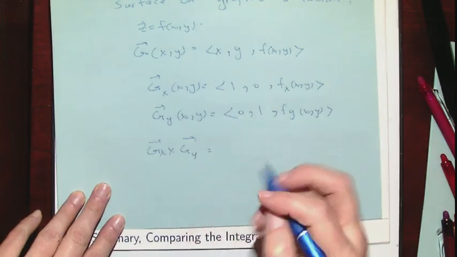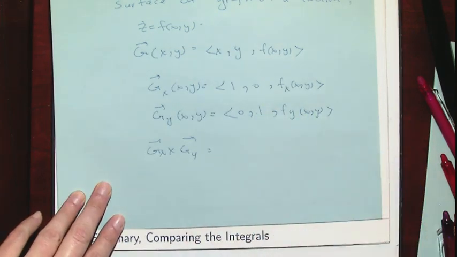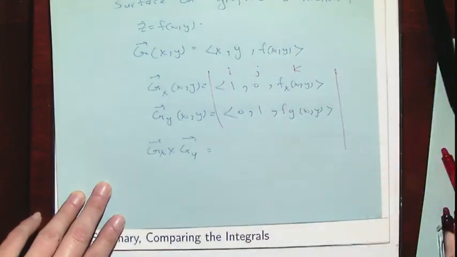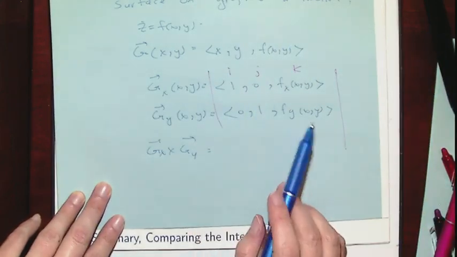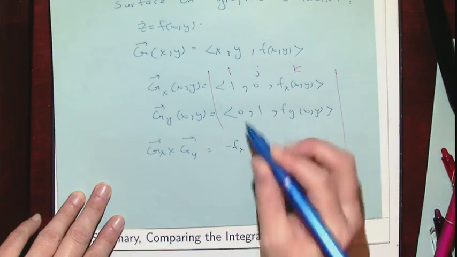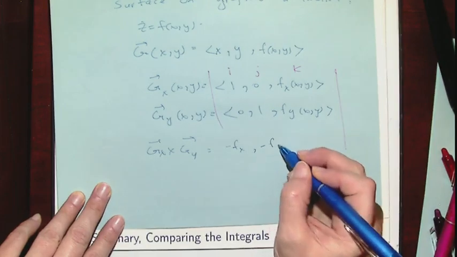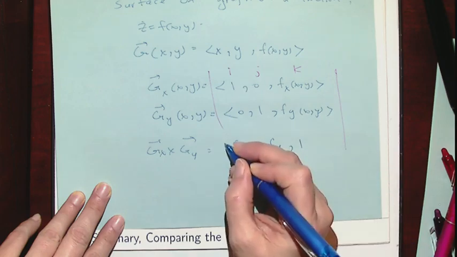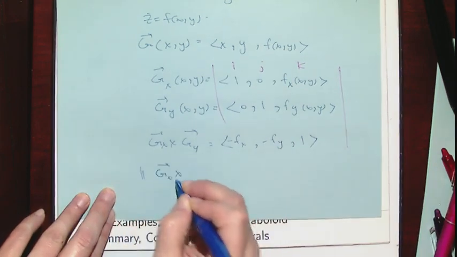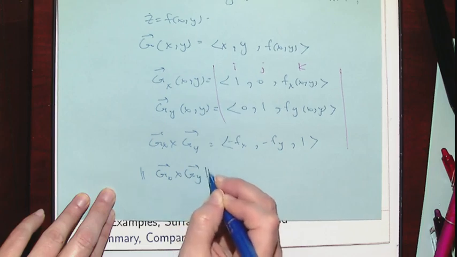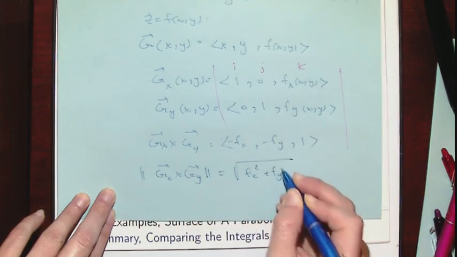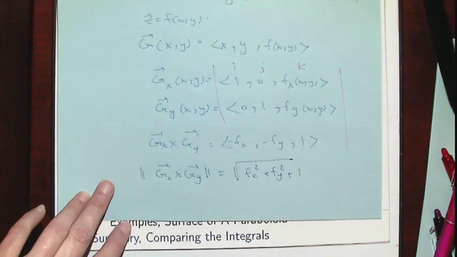So to find that, what do I get? I'll put the i, j, k in here, so I do that quickly. And I get what? Negative f sub x, and then negative f sub y, then 1. The magnitude of g sub x cross g sub y is the square root of f sub x to the power 2, plus f sub y to the power 2, plus 1.